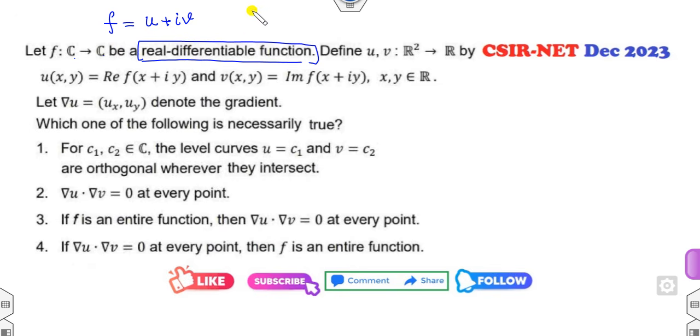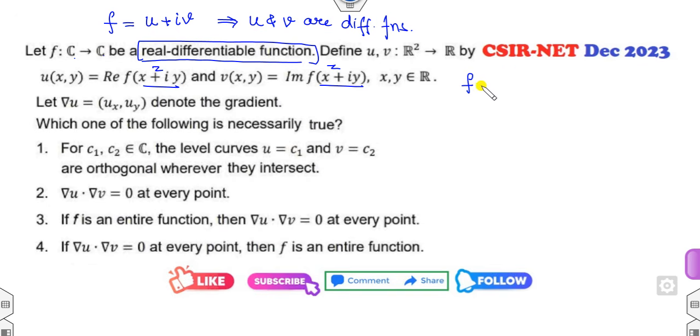That means u and v are differentiable functions. That's the meaning of this real differentiable function. Then u is defined as the real part of z, v is my imaginary part of z. Gradient of u is defined. Which of the following statements is necessarily true?